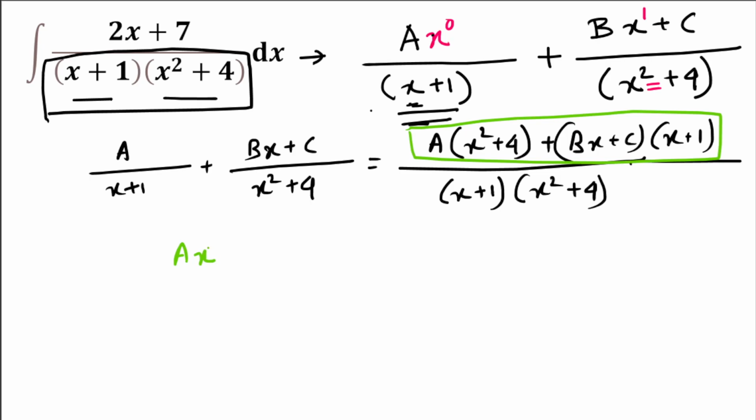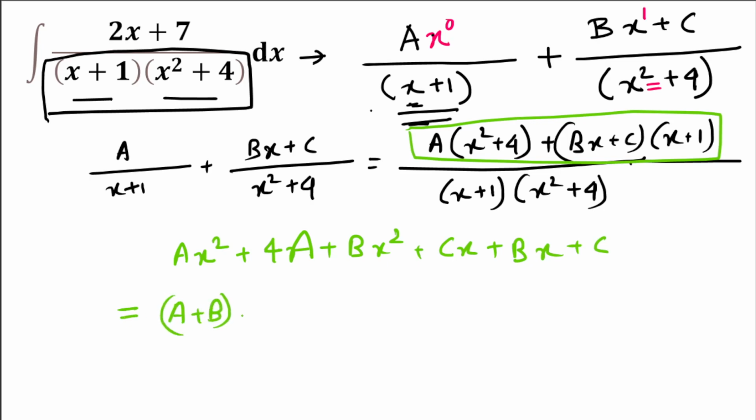How this term turns out to be is 4Ax square plus 4A plus Bx square plus Cx plus Bx plus C. Now this is equal to A plus B x square plus B plus C x, and finally we have 4A plus C. Hopefully this makes sense to you.